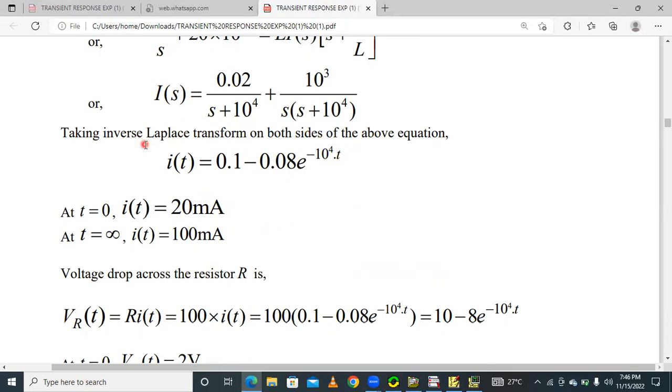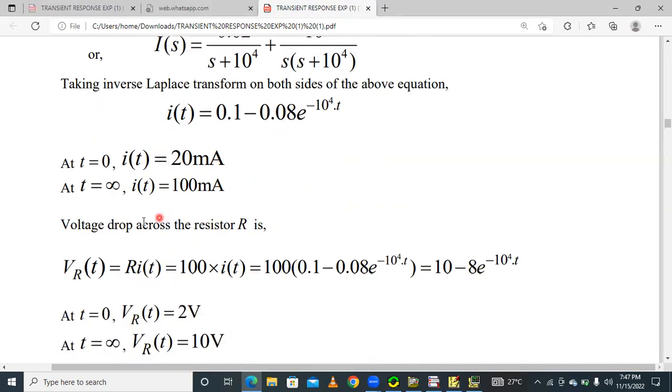By substituting t is equal to 0, e power 0 is 1, 0.1 minus 0.08 is equal to 0.02, otherwise 20 milliamps. Then at t is equal to infinity, this term becomes 0 and it will be only 0.1, that is 100 milliamps.